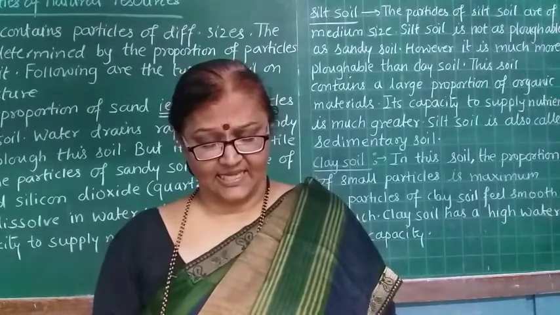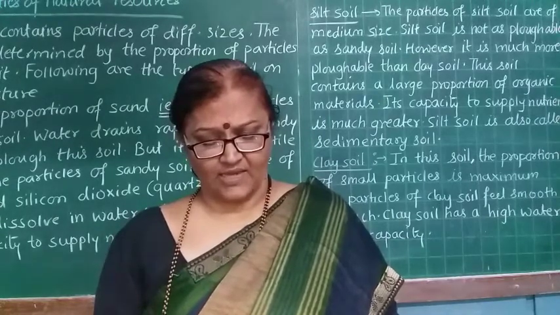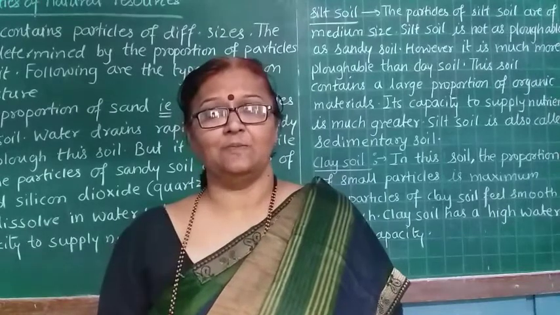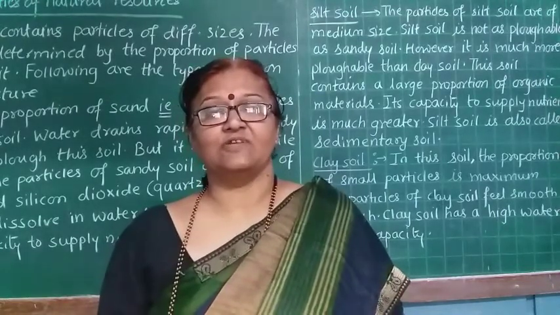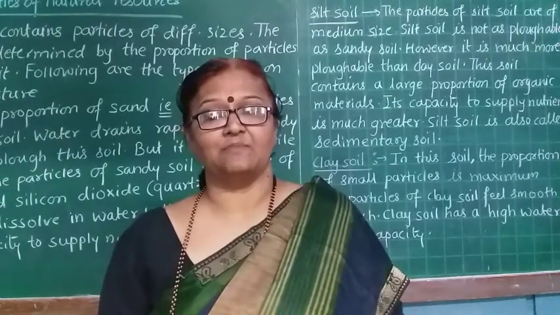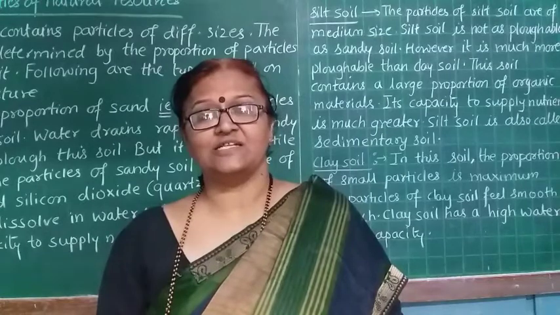Then next, see there, plasticity. Soil can be given a required shape. This property of a soil is called plasticity. Whatever shape we want, the same shape can be given to any of the soil because of its plasticity.